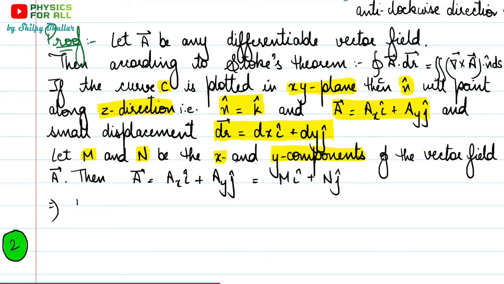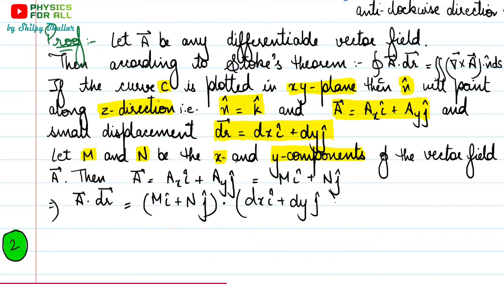So this implies if we have to find a dot dr, we can take the dot product of this M i cap plus N j cap with this dx i cap plus dy j cap. Now you know how the dot product acts. i cap only interacts with i cap and j cap will only interact with j cap.